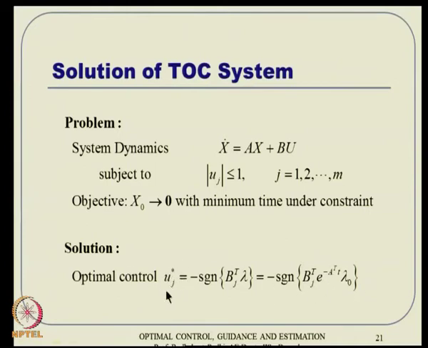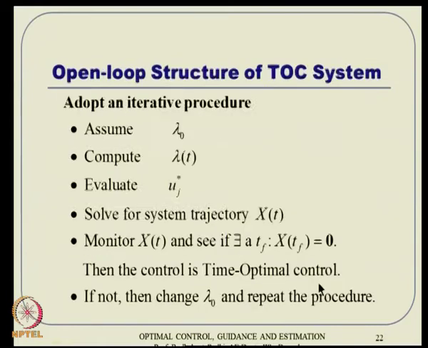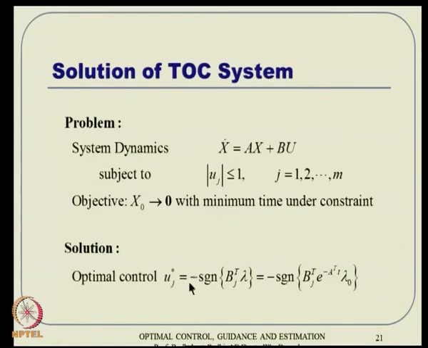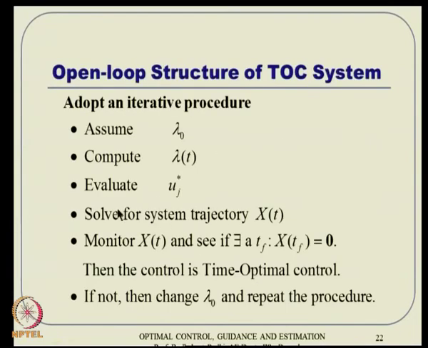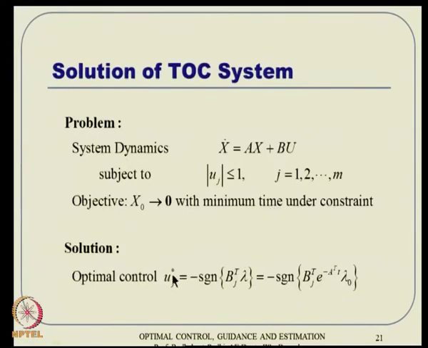That is my uj star, that is all. So, I assume lambda naught, compute lambda of t, evaluate uj star, and then solve for the system trajectory in parallel as well, because once uj star is known, everything is known for this system. Now, this becomes an explicit function of time. So, this is known to us.